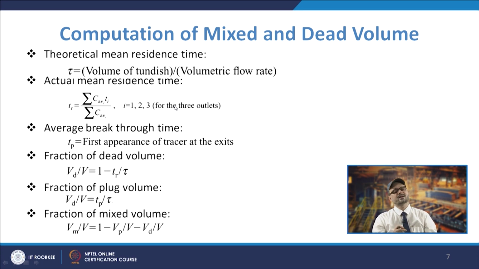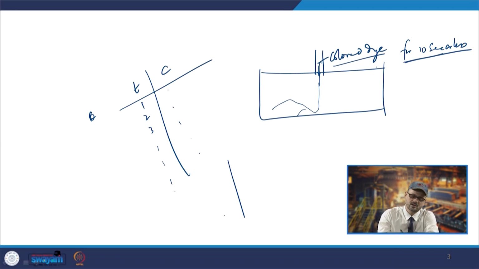Then we calculate these different parameters from the concentration and time graph. A typical concentration curve will look like this. It will go like that. So, you will have concentration and time, this is the dimensionless concentration, and there is a delay initially.